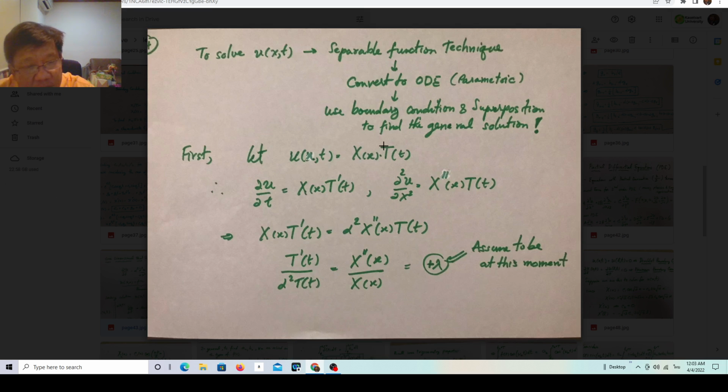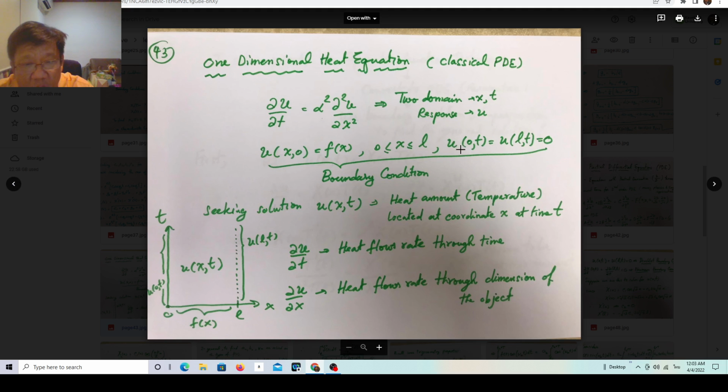Since T(t) can be either negative or non-negative, or can also be zero, the only condition that you can make sure that u(0,t) is always zero for all t is that you have to set X(0) equal to zero. That's the only way this condition can hold.